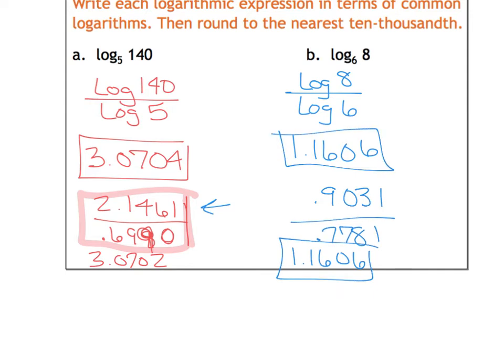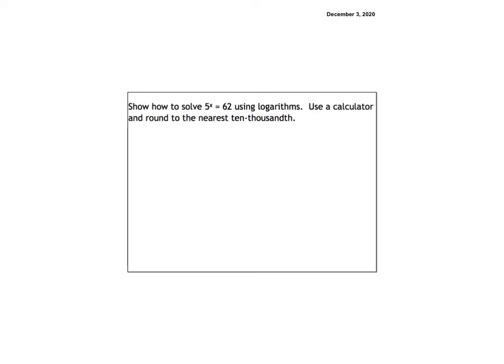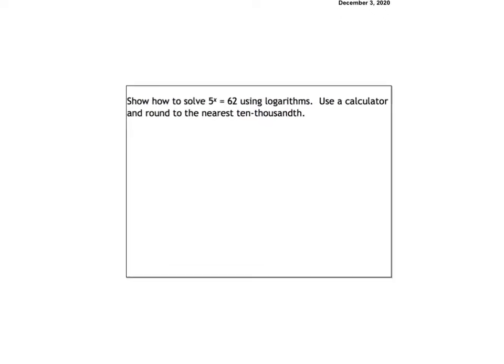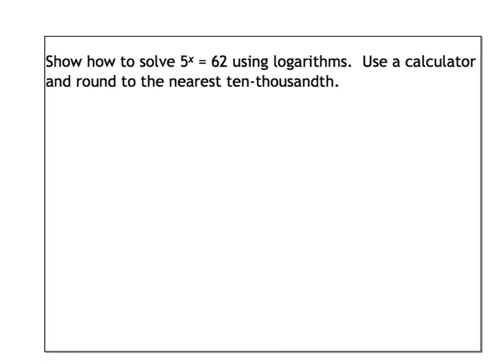All right, so again, we are going to use this idea in a few minutes. All right, so we are now going to start solving equations using these ideas. So what we're going to do is take our equations. We have 5 to the x equals 62.